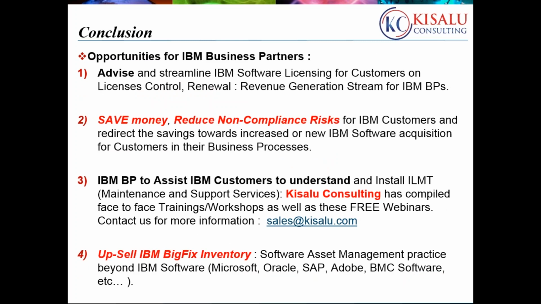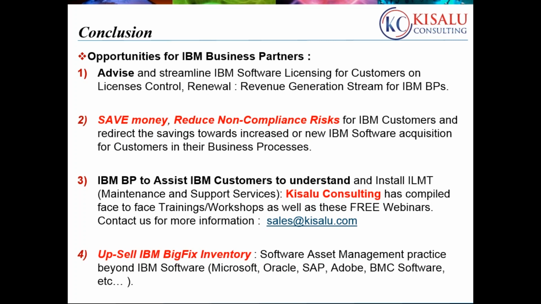What are the opportunities for IBM business partners? They can advise and streamline the IBM software licensing for customers in terms of license control and license renewal, and in the process generate some revenue streams for themselves.